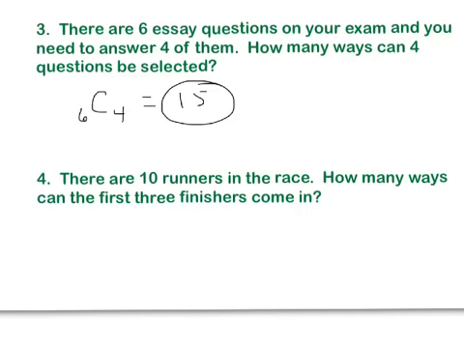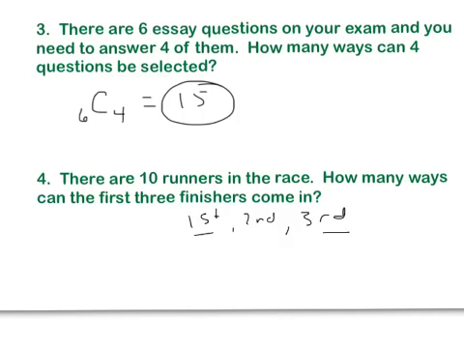So let's look at our last example. There are 10 runners in the race. How many ways can the first 3 finishers come in? So in this case, I'm looking at 3 finishers, which means I'm having a first, a second, and a third. Does it matter if I switch my first and my third? Yes. Then I have a different first place winner than I would if I had the other situation.